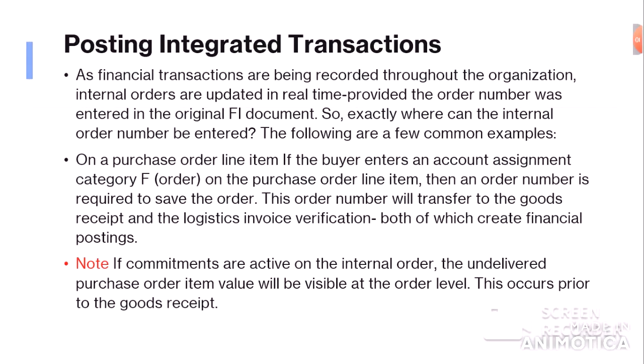On a purchase order line item, if the buyer enters an account assignment category F, then an order number is required to save the order. This order number will transfer to the goods receipt and logistics invoice verification, both of which create financial postings.